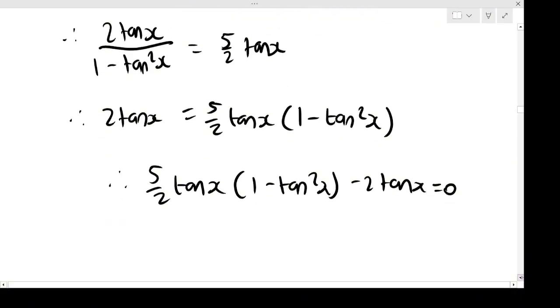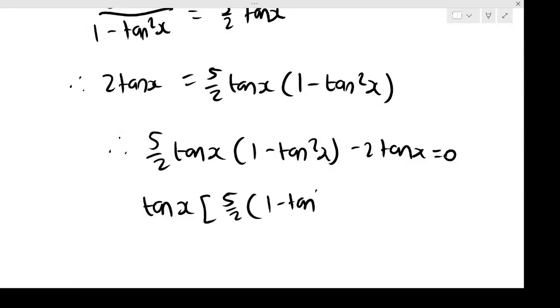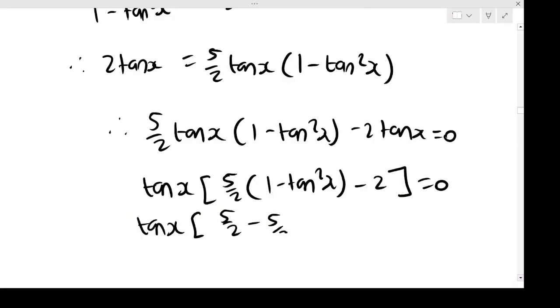And so at that point, we're just going to solve like a standard trig equation from year 1 normal maths. So I can factor a tan x out. That would be 5 over 2 lots of 1 minus tan squared, take away 2, equal to 0. If I simplify the bracket inside, I get tan x times 5 over 2 minus 5 over 2 tan squared, take away 2, equal to 0.